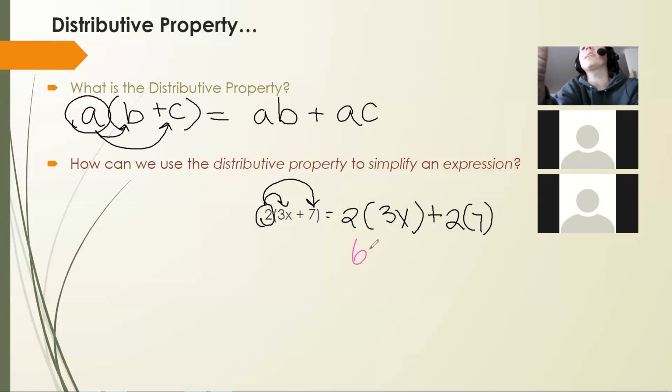So we get 6x plus 14. And that is not an equation, that's an expression, so we really can't solve it because it's not equal to anything. In the explanation there, it says to simplify an expression. This is simplified because we can't do anything else to it. Does that make sense?